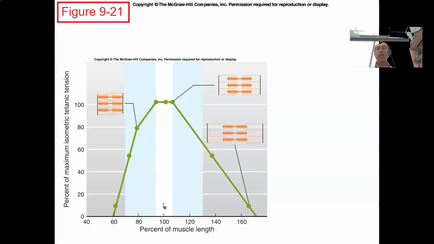So what you're seeing here is on the y-axis you have a percent maximum isometric tetanic contraction, right? So an isometric contraction is where you have cross bridges formed, but there's no shortening of the sarcomeres, okay?